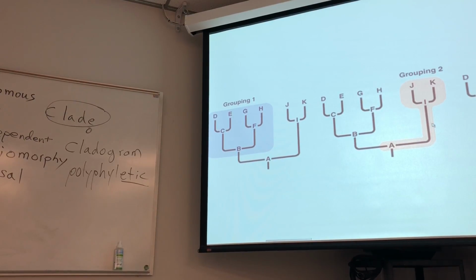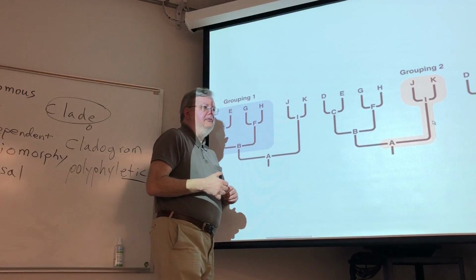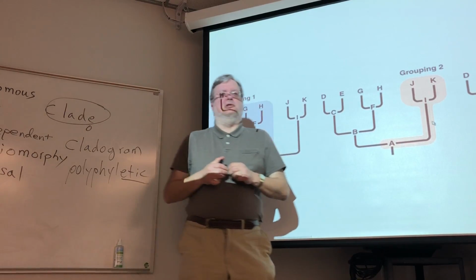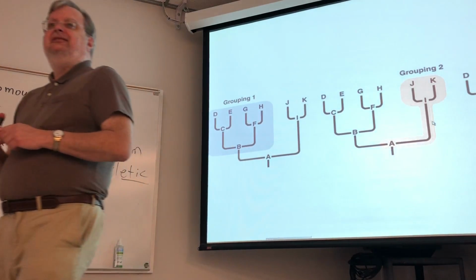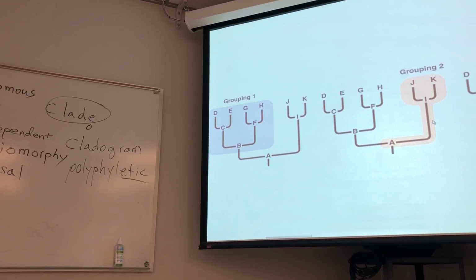Paraphyly is fairly common, and one of our primary examples that I will use is a well-known example of paraphyletic. But what could cause this type of misinterpretation? Well, when we compare things, often we have to use structures and characteristics, and we're looking for similarities.